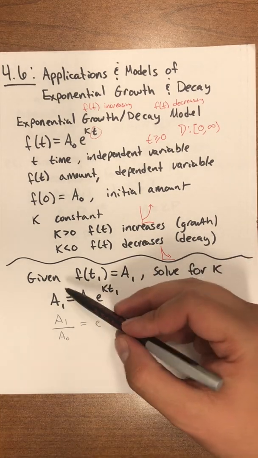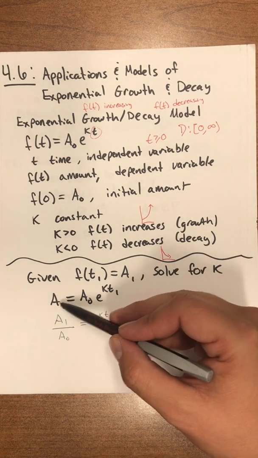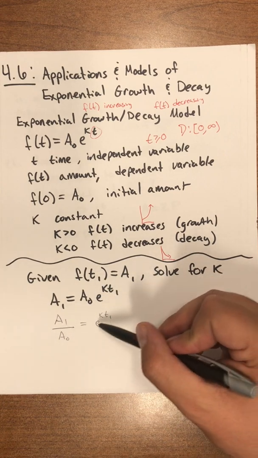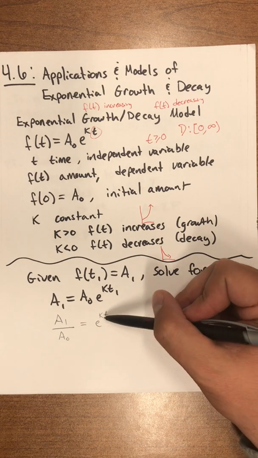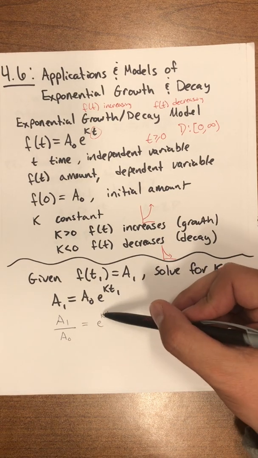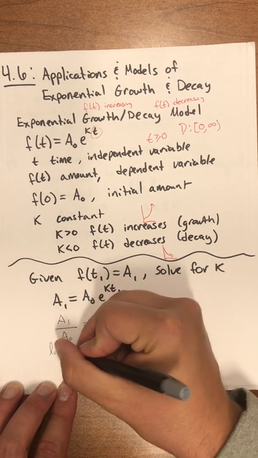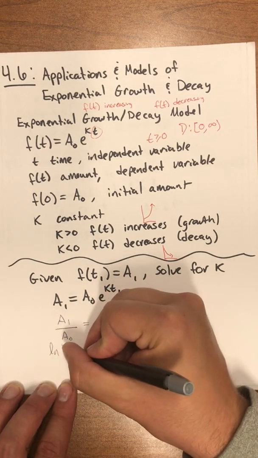So I'm going to divide by the initial amount, so I have a certain amount, which I'm calling a1, which is paired with the independent variable t1. Divide by that. Now the variable that we're solving for is in the exponent, and the base is e, so we want to take the natural log of both sides.